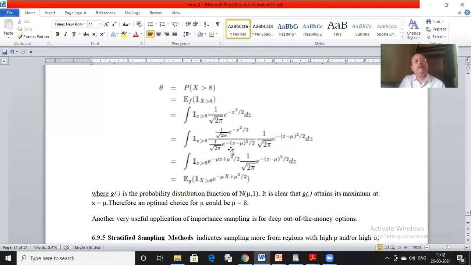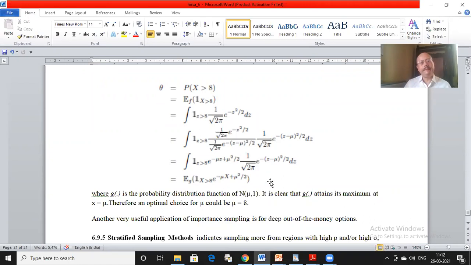Now what do I do? I insert g in the denominator and numerator. My new g has mean mu. So this is my f by g ratio, and this is my g. Now the f by g ratio will give me this expression after cancellation, e to the power minus mu x plus half mu square.